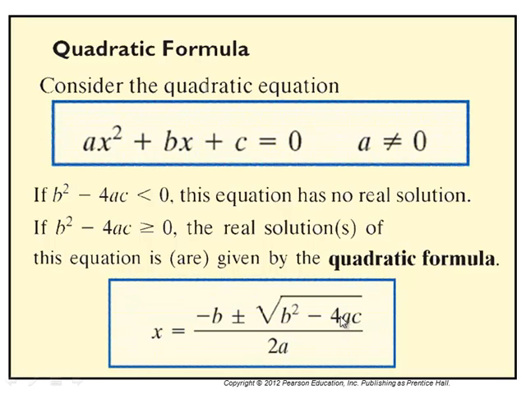If b squared minus 4ac is 0, then you'll just have negative b over 2a as your one solution. If b squared minus 4ac is positive, then you'll have two distinct solutions. Negative b plus square root of b squared minus 4ac over 2a, and negative b minus square root of b squared minus 4ac over 2a.